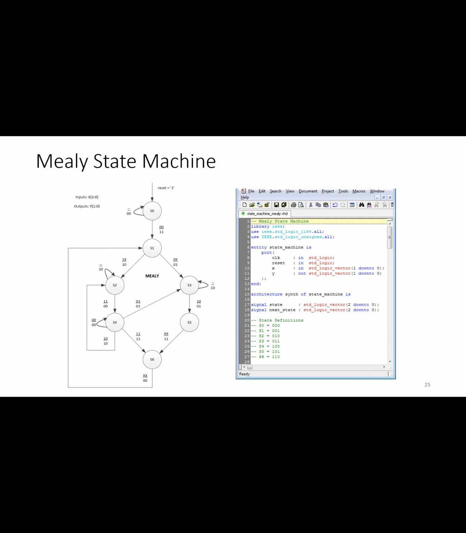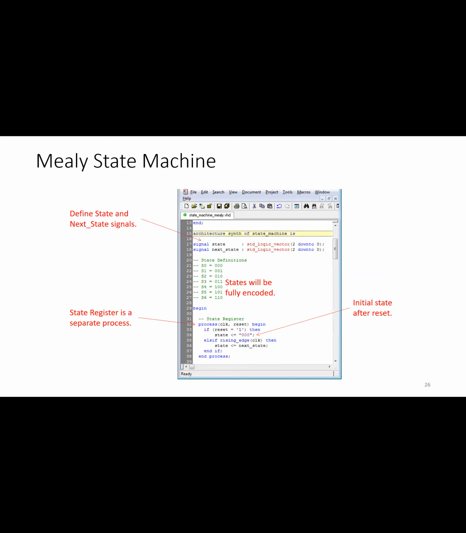Now, what does the next state depend on? Cameron? The next state depends on the input and the present state for the Mealy.